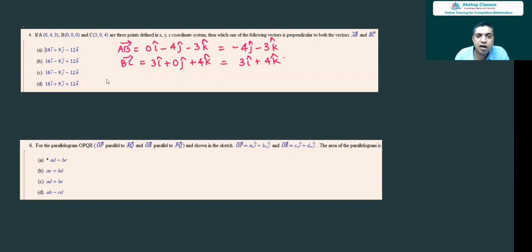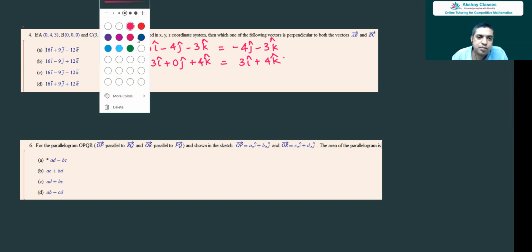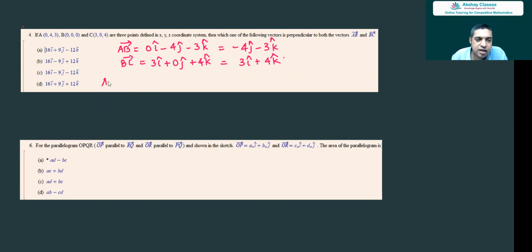So which one of these is perpendicular to both these vectors? So we have to look at the cross product. Cross products, of course, we can do using the determinant form. So 0, minus 4, minus 3 and 3, 0, 4.